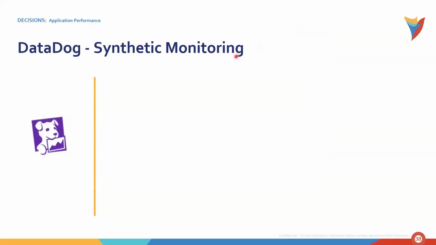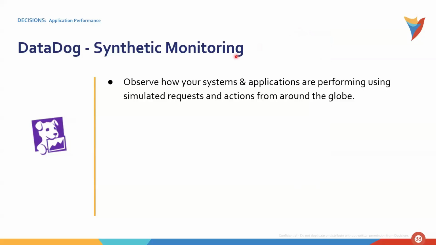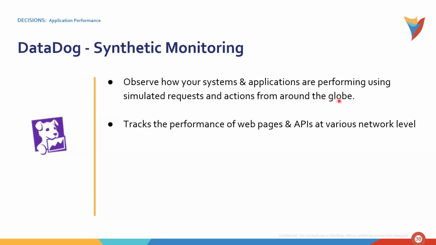So synthetic monitoring in Datadog can be configured by developers. We can go ahead and observe how our systems are working, how the application is performing by simulating some traffic to our application. And this simulation, we can also do it for different locations as well.